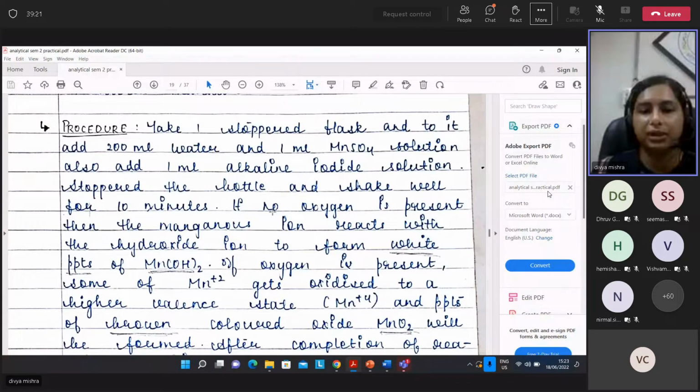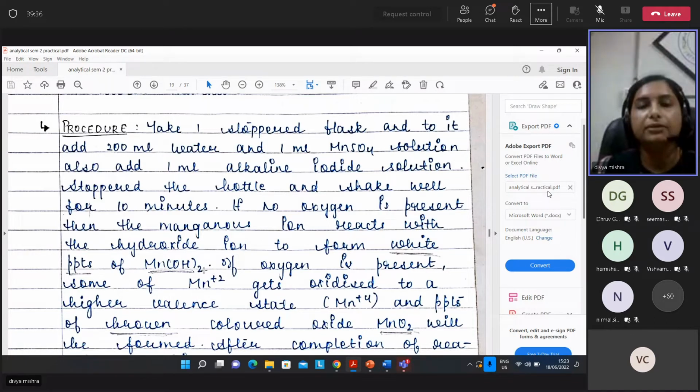First of all, this manganese sulfate will react with the hydroxide ions in the water, so you will get white precipitates of manganese hydroxide.